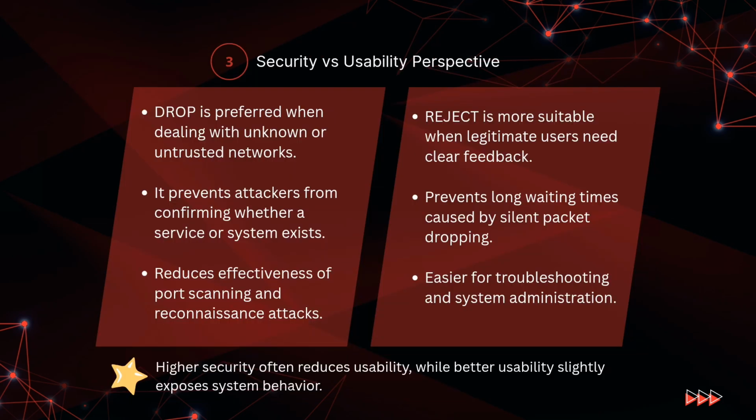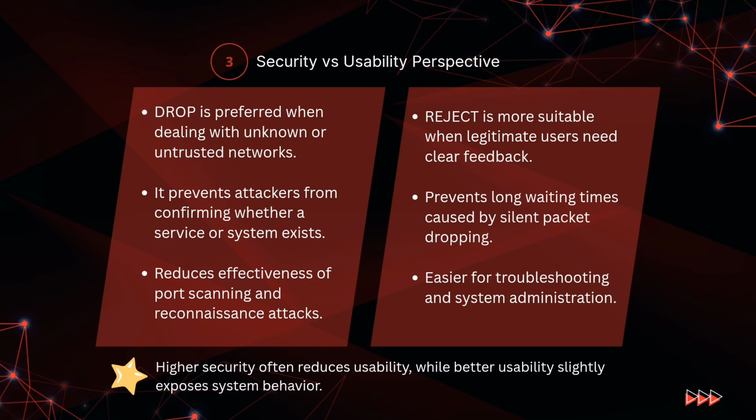Moving on to number 3, which is the security versus usability perspective. When configuring firewall rules, there is always a trade-off between security and usability. Using drop increases security by minimizing information disclosure but may frustrate legitimate users due to delayed response.